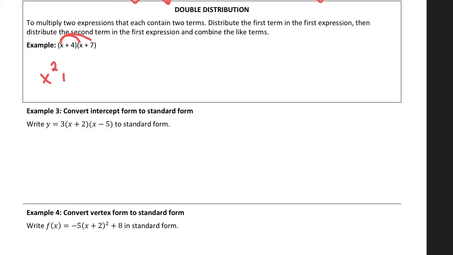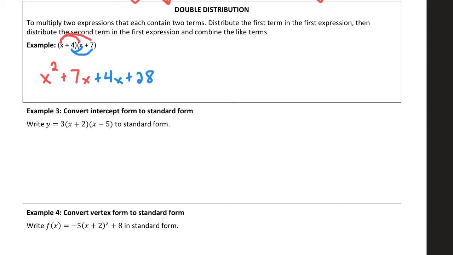X times 7 becomes 7x. Okay, so that's me distributing the first term. For me to distribute the second term, I distribute 4 through the second expression. So 4 times x is 4x, 4 times 7 is 28.